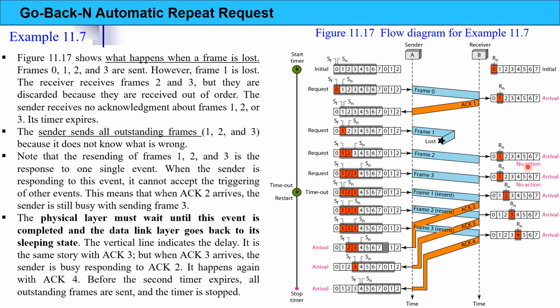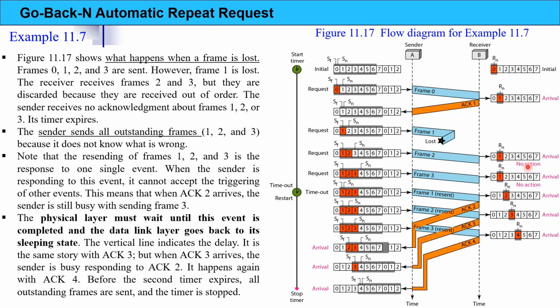Resending all the frames. I already sent one, two, three, and received them correctly. However, because I lost frame one, I have to resend two and three again. I sent two and three twice, so I wasted bandwidth unnecessarily.